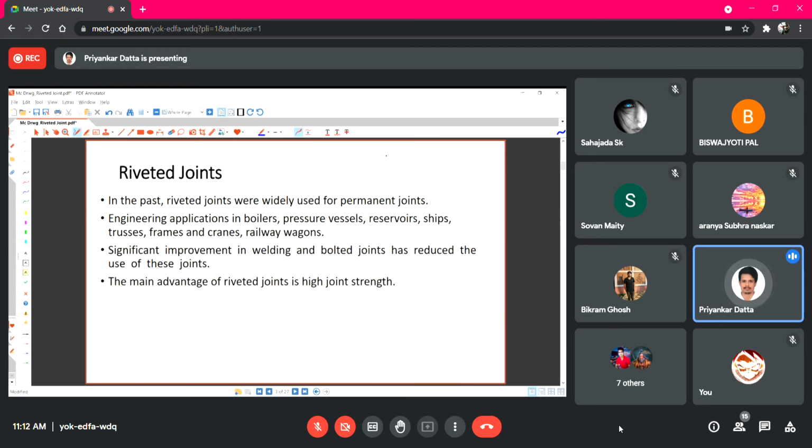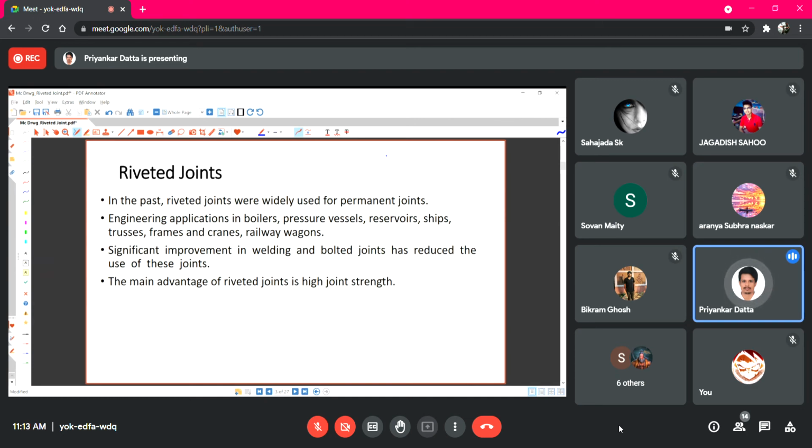That is one reason by which the total weight of the component increases. Compared to that, welding adds comparatively less weight. Also, in many cases a lower number of bolted joints are required compared to riveted joints when we use bolted joints.